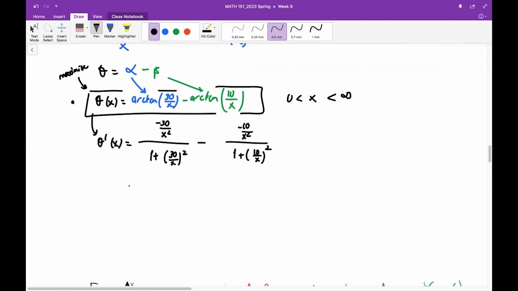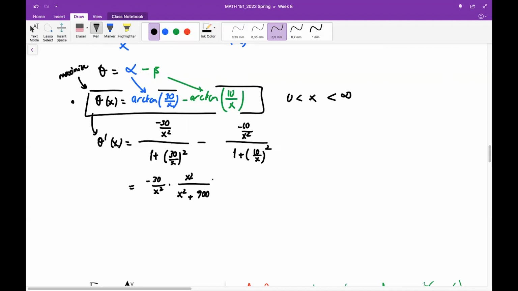Then what do we have for the first derivative? We have minus 30 over x squared times, you can just compute this square here and then arrange the terms to obtain this quantity, x squared over x squared plus 900.